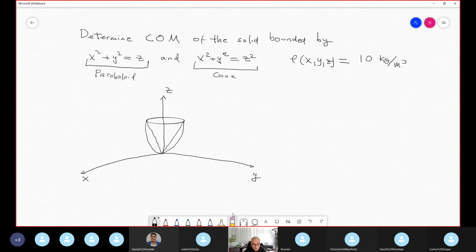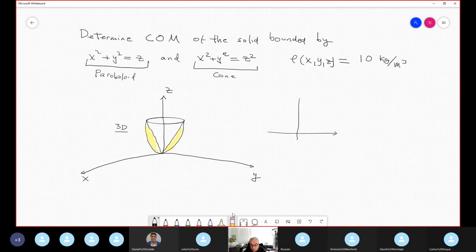So our solid is in between the paraboloid and the cone. To understand my solid much better, I am doing the sketch in 2D.